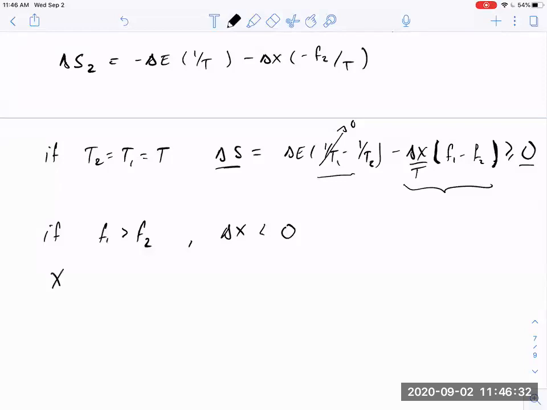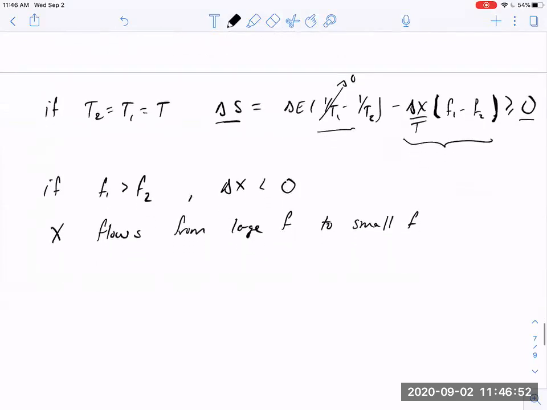Or in words, X, the mechanical variable, flows or changes from large F to small F. That's a bit abstract. For X being the volume, F is an old friend.